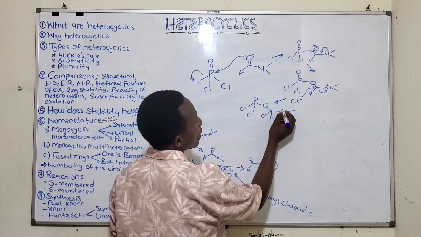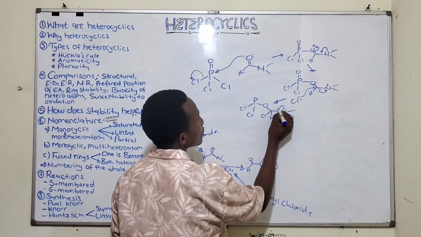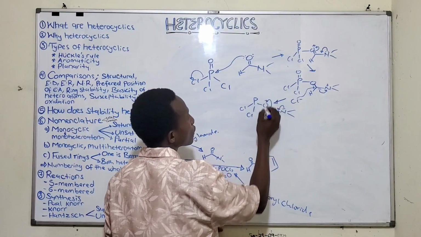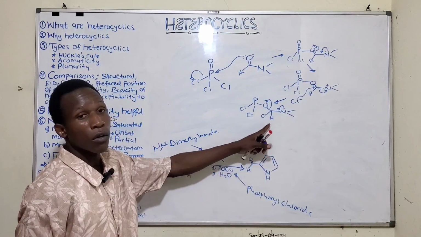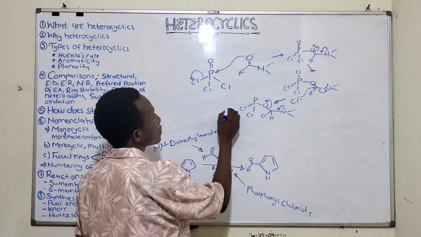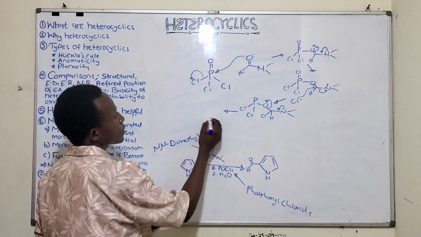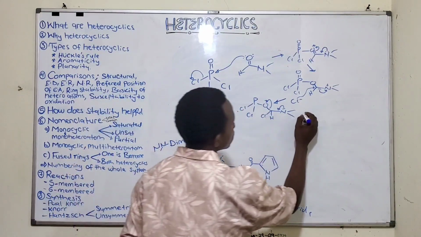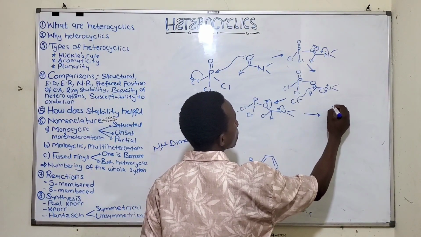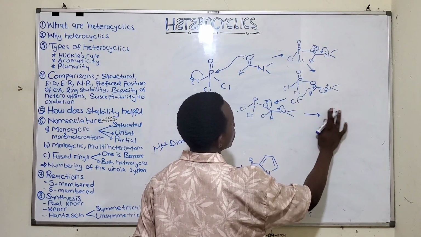Now, as this one forms a bond, this one will go off. So we shall have this. Let's put it this side. So we shall have a P. It has gone.